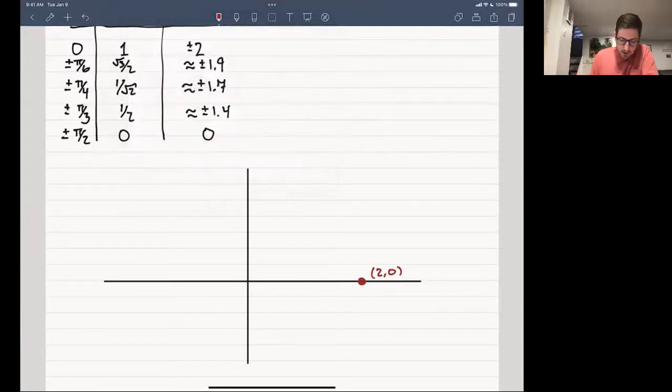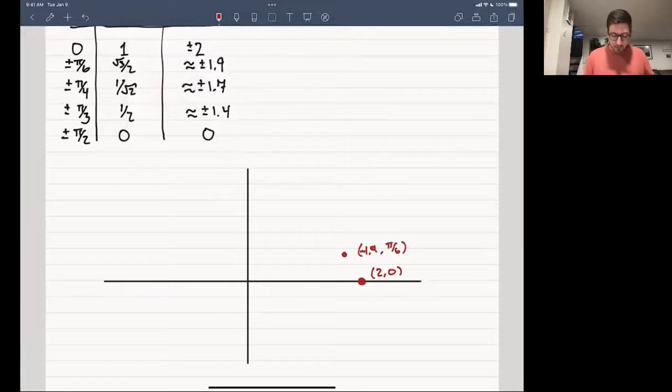Then at, say, pi over 6, I'm going to be maybe something like this, and I get 1.9. Again, this is approximate, so please, it's hard to write approximate in there. Maybe that little squiggle will make people feel better about this.